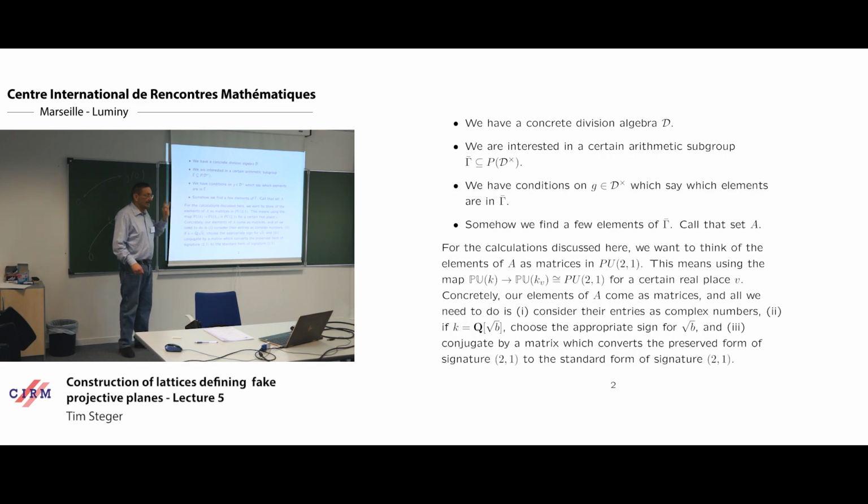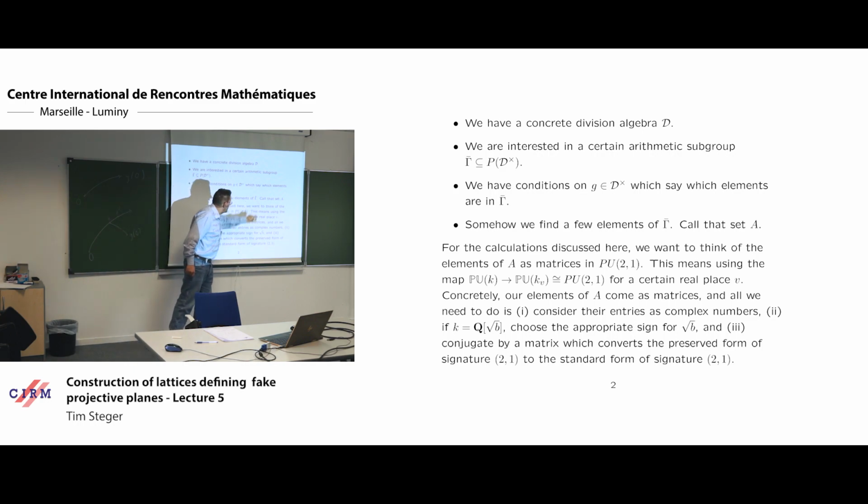We know how to work out concrete conditions that say when an element in the multiplicative group of D would actually belong to this subgroup, and then somehow we find a few elements of the group.